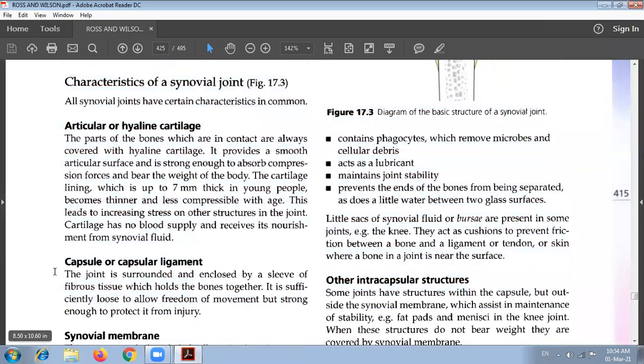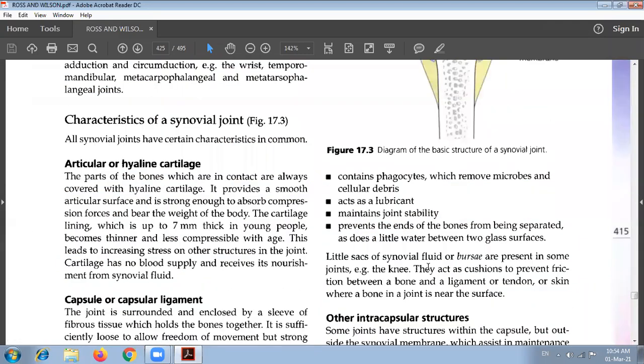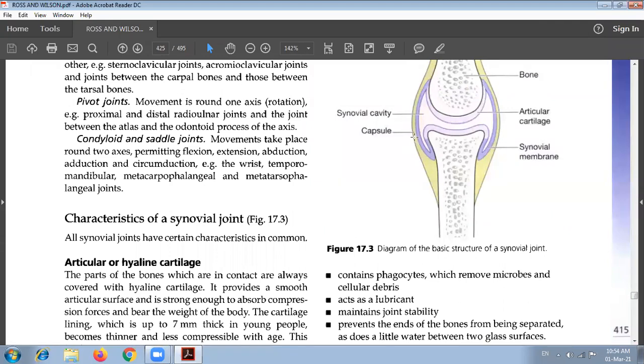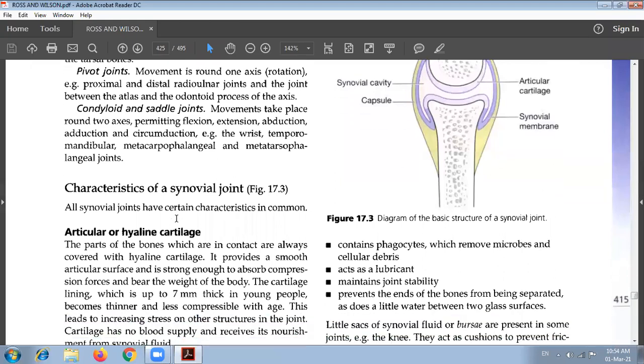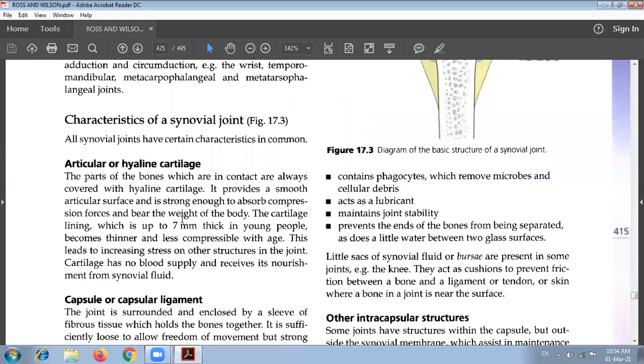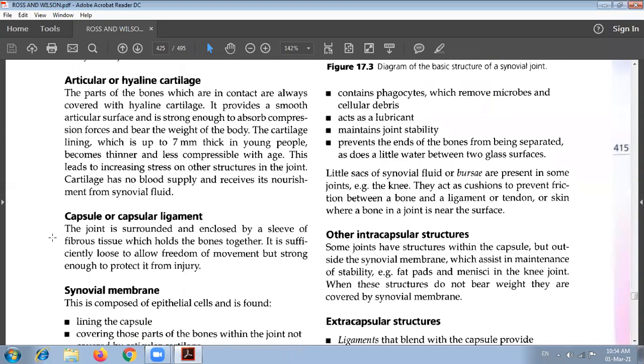Then the next characteristic is the capsule, a capsular ligament. This is the capsule. Here you can see this is the external capsule which keeps the joint in place and keeps the synovial cavity intact. The joint is surrounded and enclosed by a sleeve of fibrous tissue which holds the bones together.